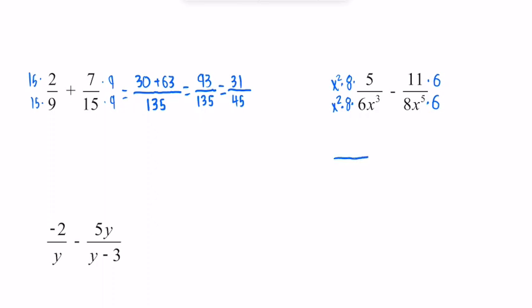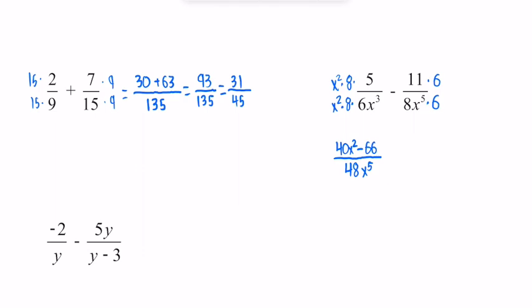Doing all of this is going to give me, in the denominator of both fractions, 48 for 8 times 6, and x squared times x cubed, we would have x to the 5th. Now in the numerator of the first one, x squared times 8 times 5, we have 40x squared, minus 11 times 6 is 66.